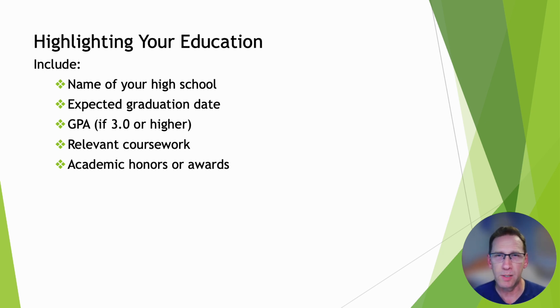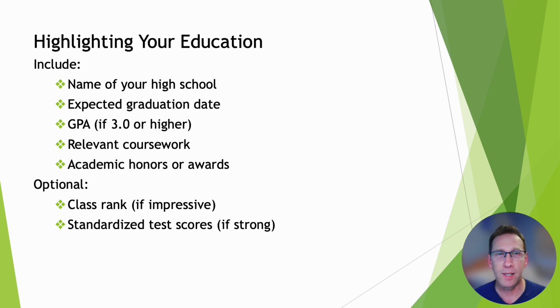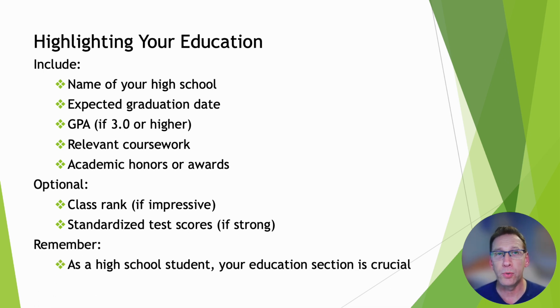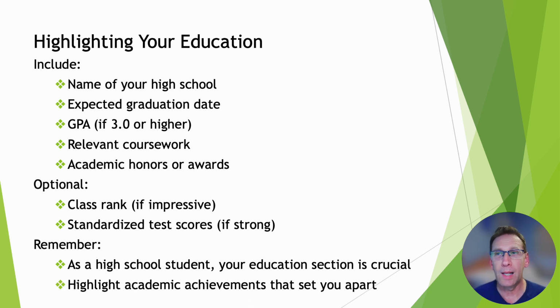Put your college experience in place of high school is basically what I'm saying. Some optional things: you can put your class rank if it's impressive, any standardized test scores if they are strong. And remember, if you are a high school student, your education section is crucial because that's where most of your experience is coming from. You can highlight academic achievements that set you apart.